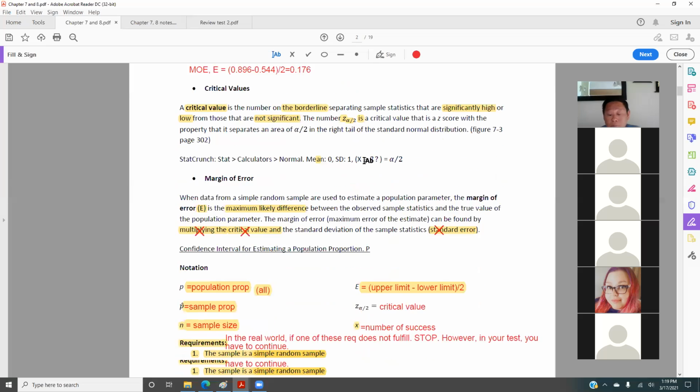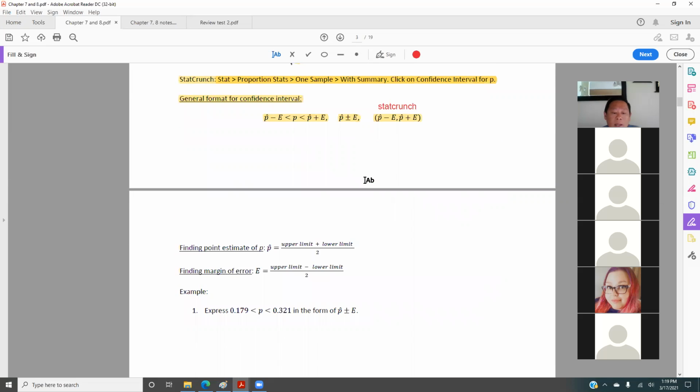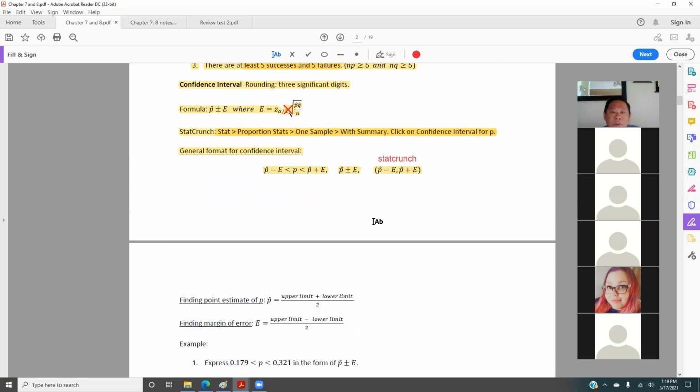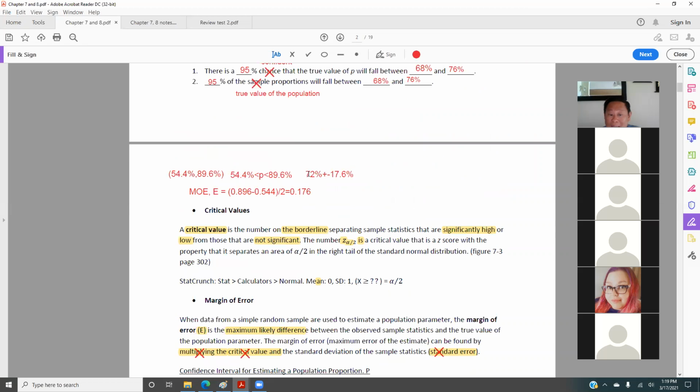Next, if the question did not give you the 72%, you can also find this p hat. Last time we took the upper minus lower divided by 2. This time you take the upper plus lower divided by 2.